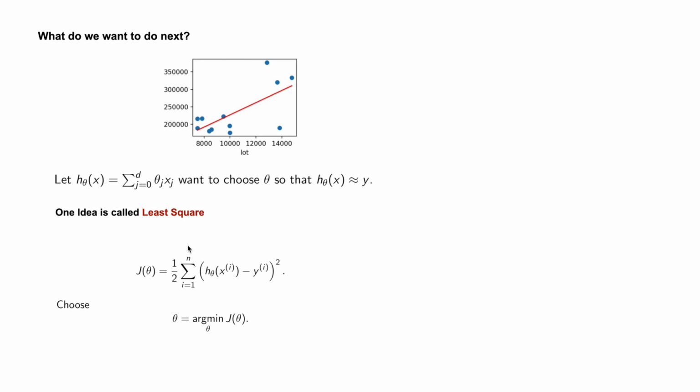So that is our least squares, and we can call this J of theta, which is our loss function. We call this a loss function or cost function also. Okay, and we can call this squared loss also.